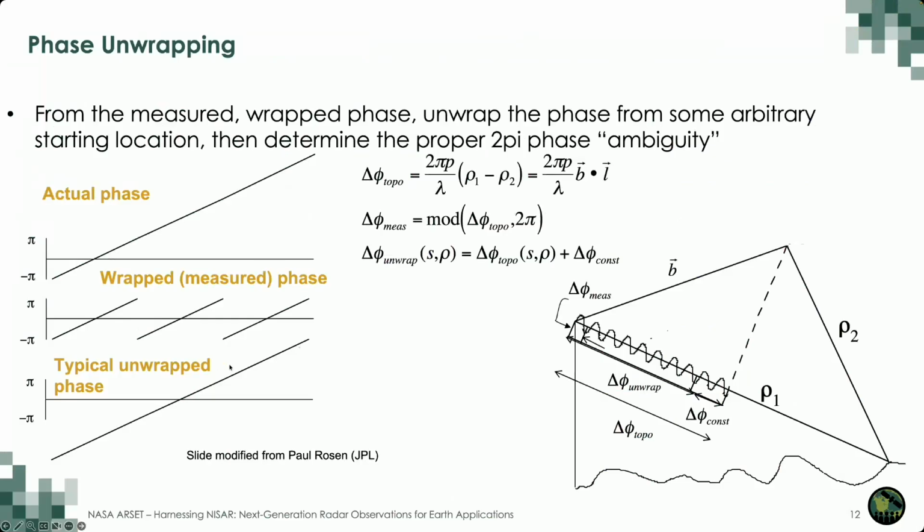Although the unwrapped phase will be different from the original phase by some arbitrary constant that we will have to deal with later. These other equations here we're not going to go into in detail, but for pairs of satellites where there's some difference between the two antenna locations, there's also some phase that's due to topography, and we will subtract that out by knowing the topography.